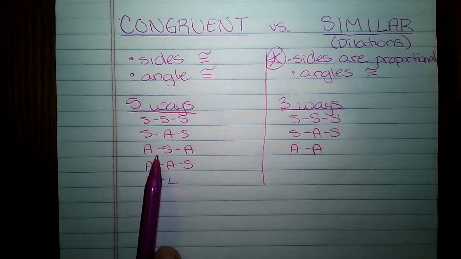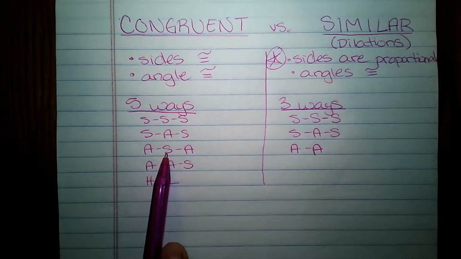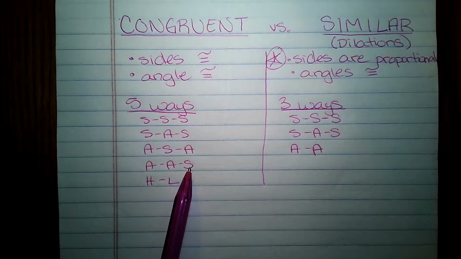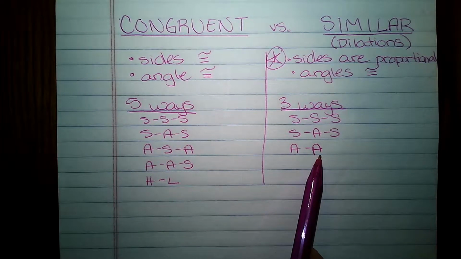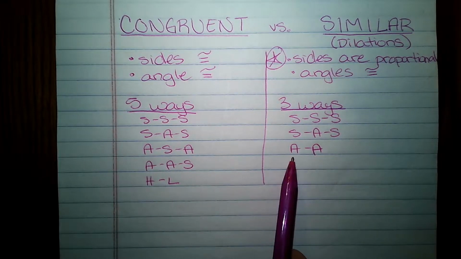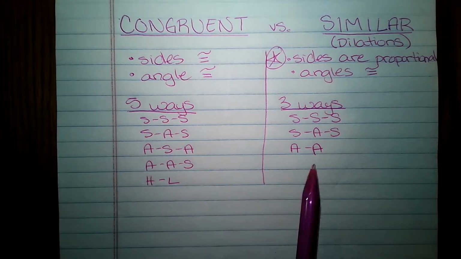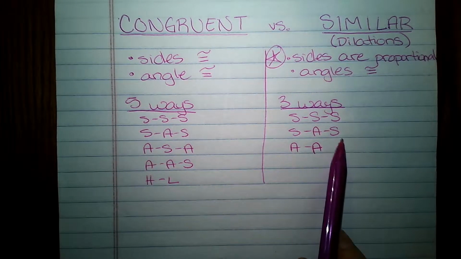Notice over here in similar, we have to include a side either in the included position or non-included position to determine congruence. We have to have a side measure. That's not present in similar. We've got the angle part in common, but we don't have to include a side measure.